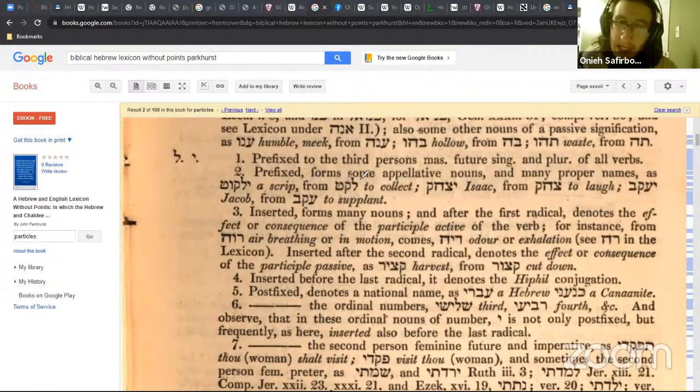If it's added at the beginning, it also can form some nouns and many proper names. So the verb is collect, lakith or lakit, and yod at the beginning makes it into a specific type of collection, a script.